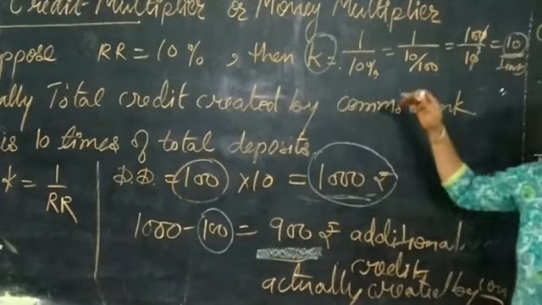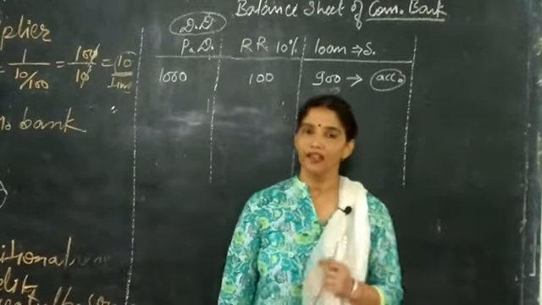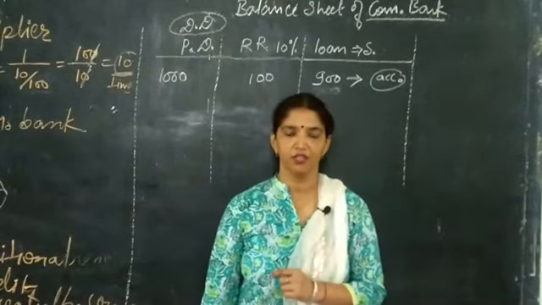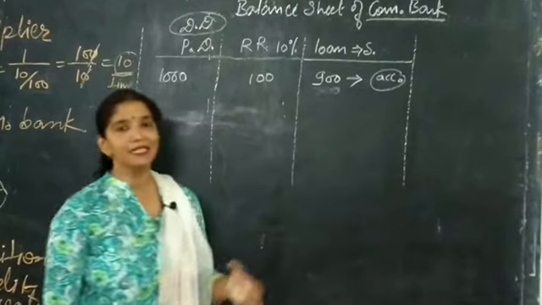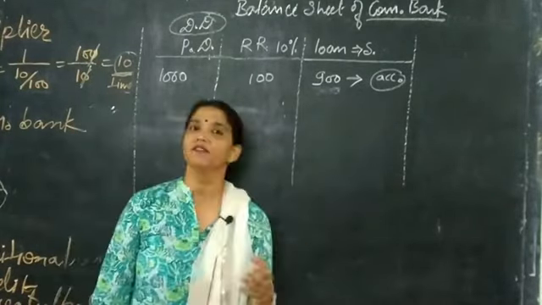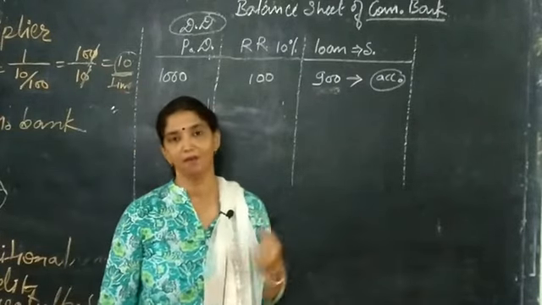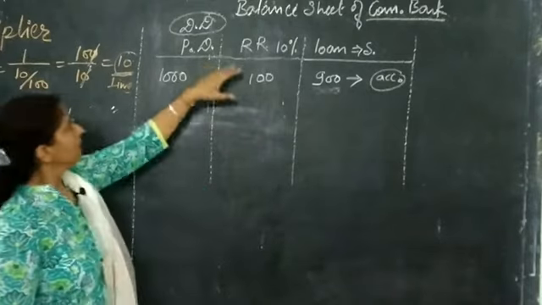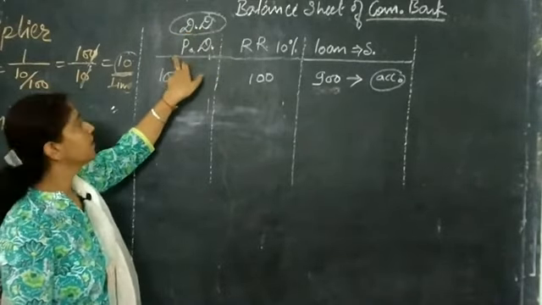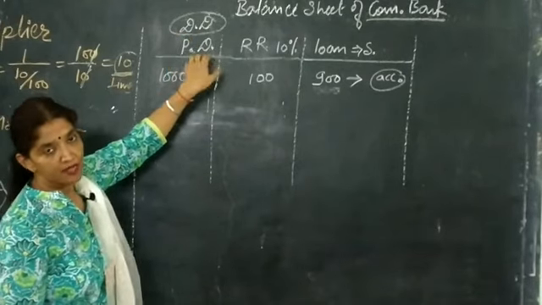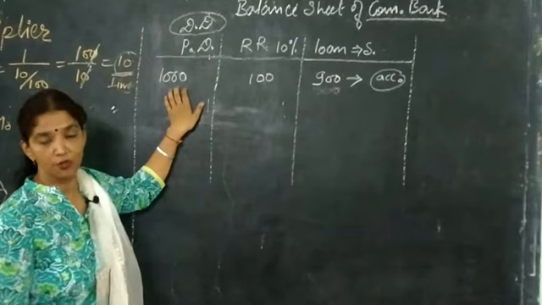We can easily understand the working of credit creation, or the money multiplier or credit multiplier, with the help of the balance sheet of a commercial bank. Here, the first term I have taken is demand deposits in terms of primary deposits. I assumed that primary deposits are 1000 rupees.